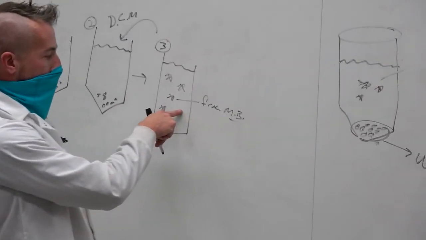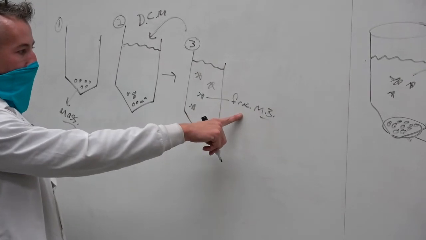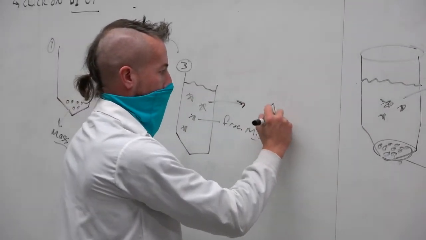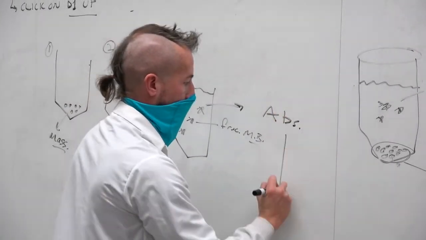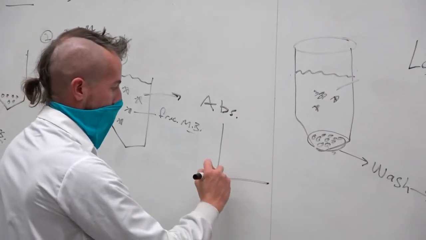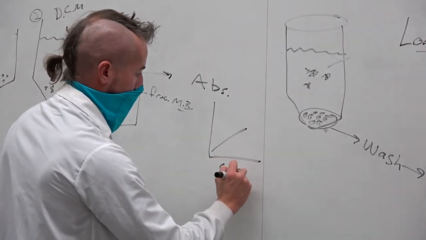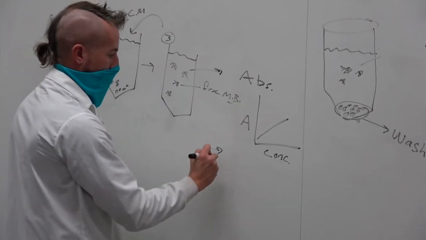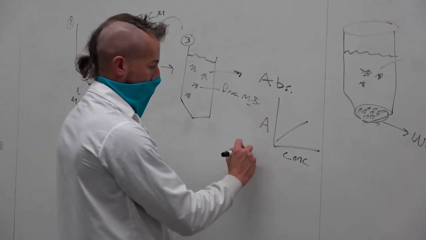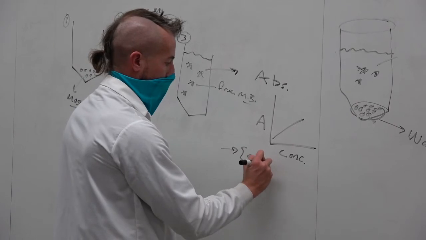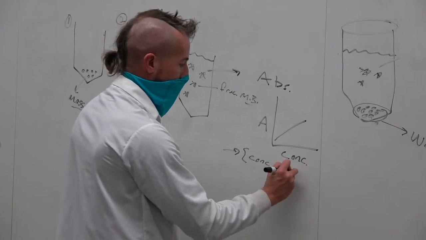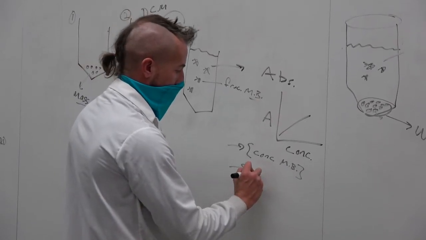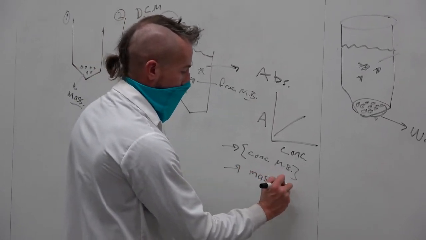Then, after they've dissolved and you've released the methylene blue, you can again take this, measure the absorbance, do your standard curve, determine the concentration of methylene blue, and then convert to mass of methylene blue.